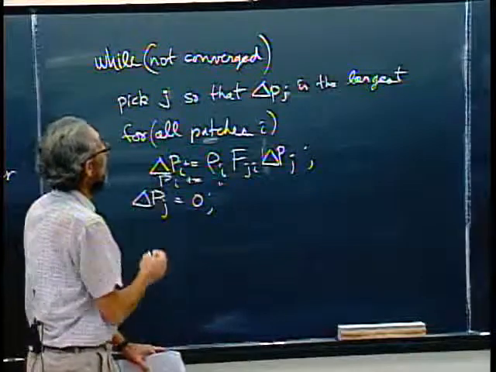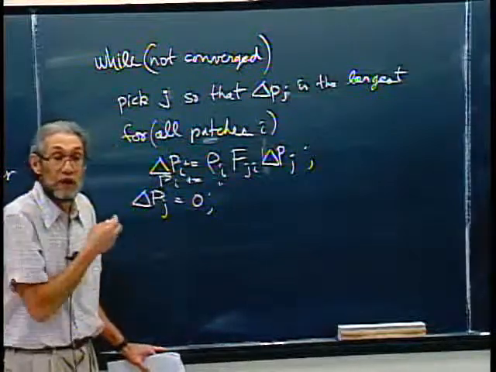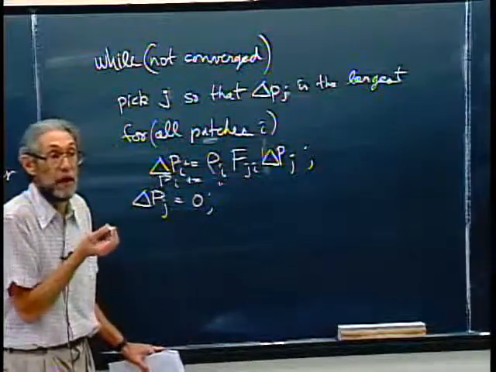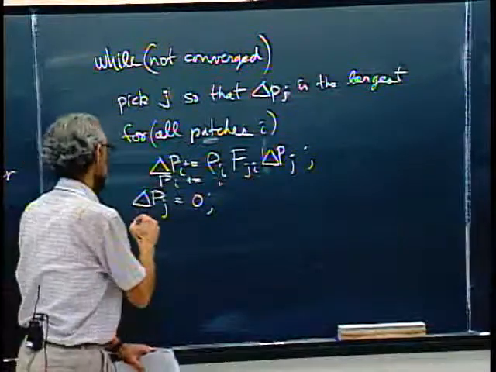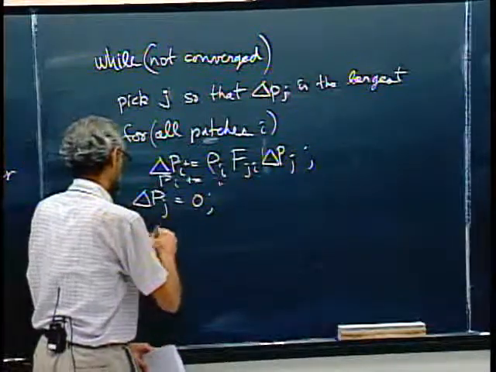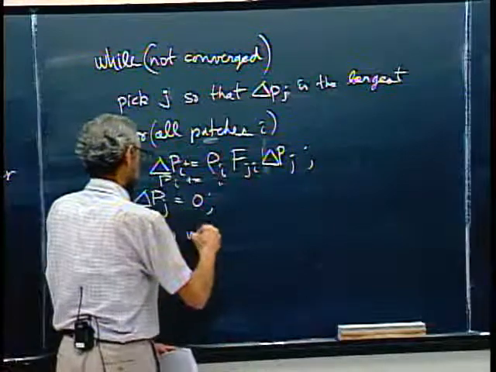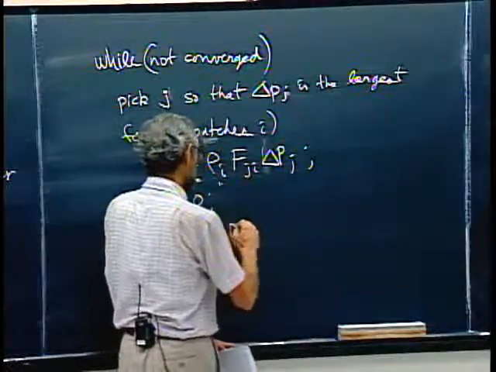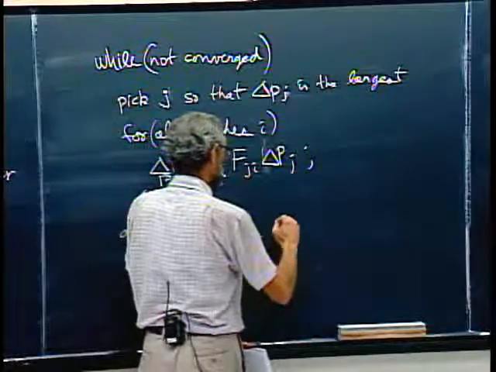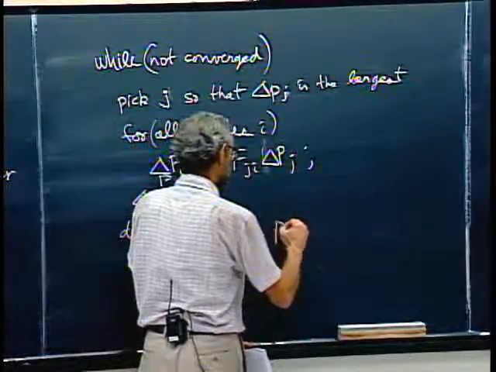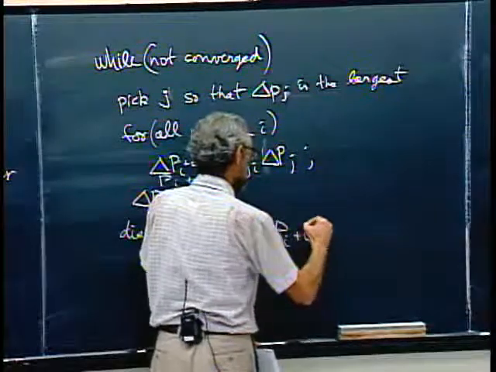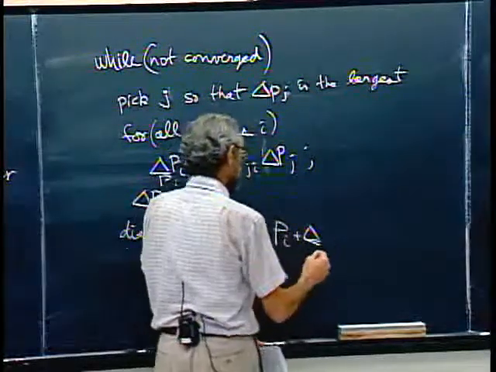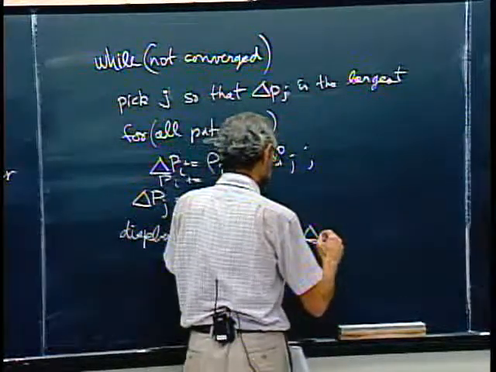So inside this while loop, one of the advantages is you can actually watch the picture get better and better as it converges. So you can display the radiosities Bi equals the power at I plus the extra power that you haven't shot yet. Let's see.